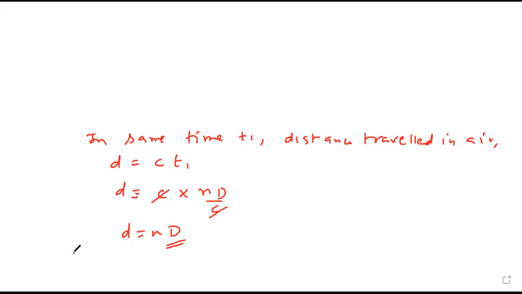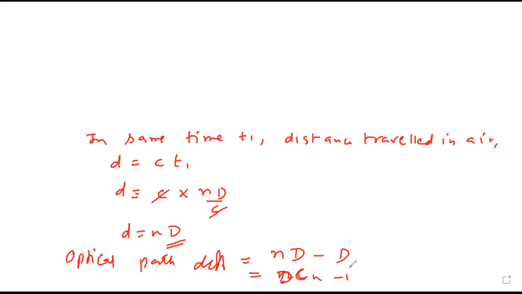Correct? So if I want the optical path difference, then nd is the distance in air and d is the distance in the medium. So it will become d into n minus 1, which is called optical path difference.